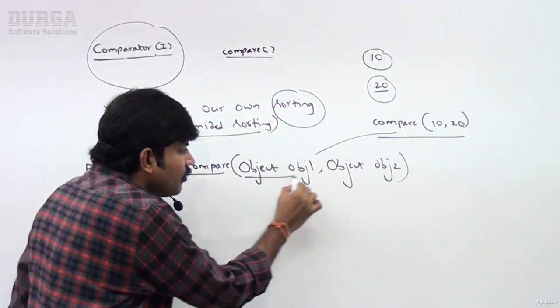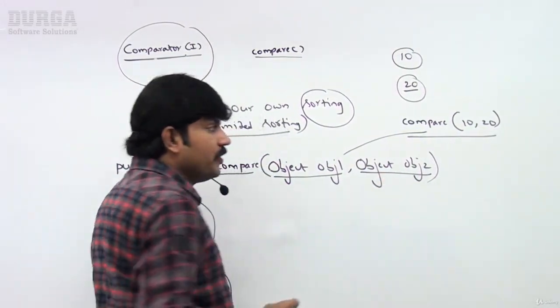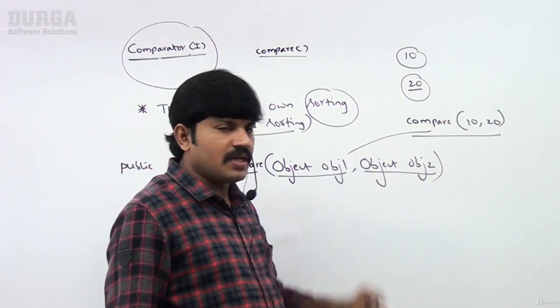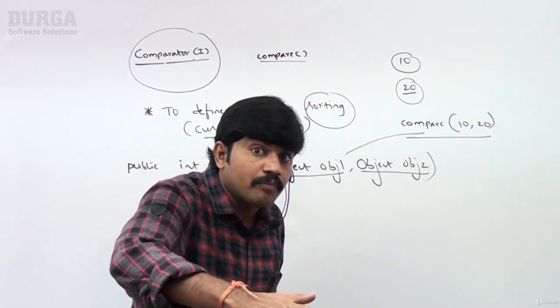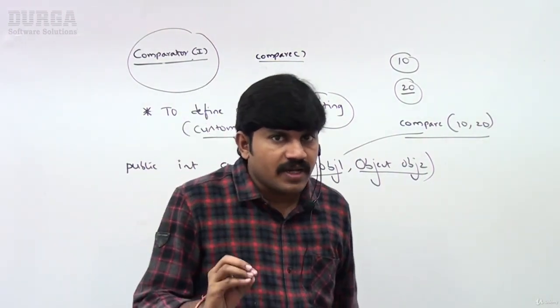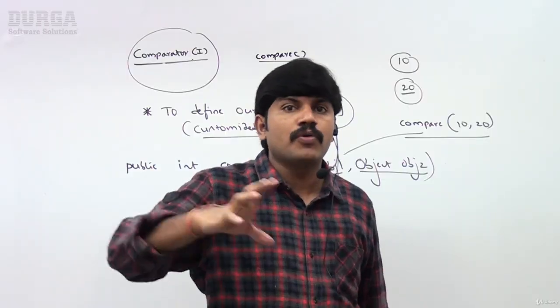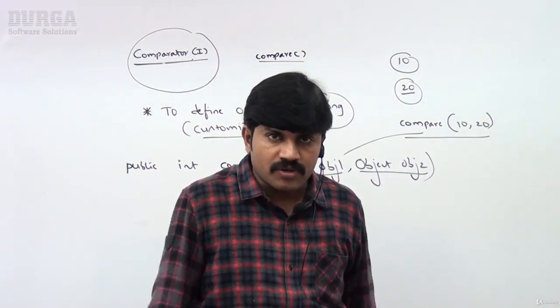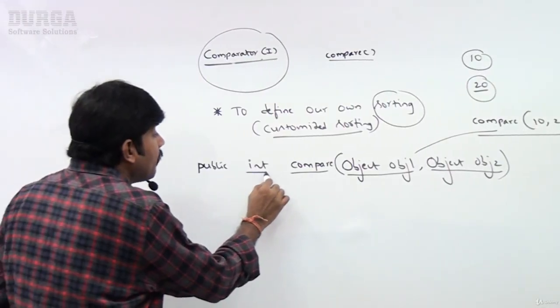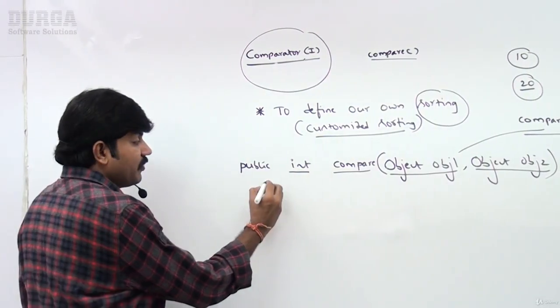The first one is obj1, the second is obj2. Very simple. If obj1 has to come before obj2 according to our required sorting, then this compare method is going to return -1. Remember this, very important.